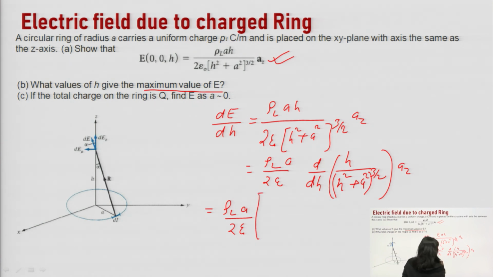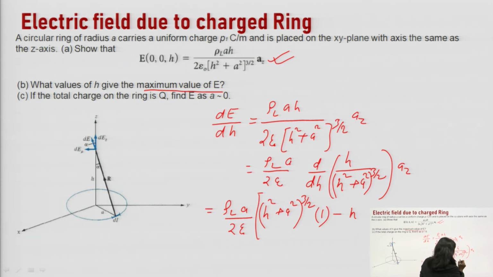First of all, we will write (h square plus A square) to the power 3 by 2 as it is, and the differentiation of the first term, that is dh by dh, will come as 1, minus h, the first term, as it is. We need to differentiate the second term.